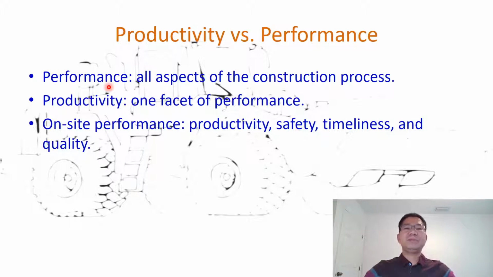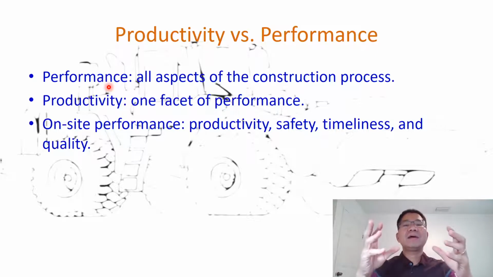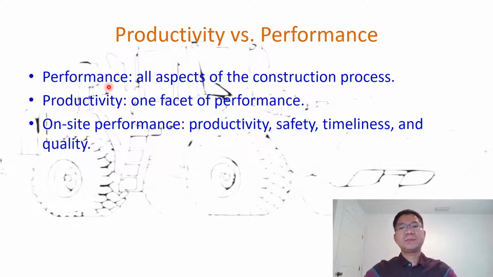And of course nowadays, you can add more aspects to the performance of on-site operations, such as sustainability and resiliency. And productivity is one of the indicators of performance. So now you see the difference between performance and productivity, especially as applied for this class and these lessons.